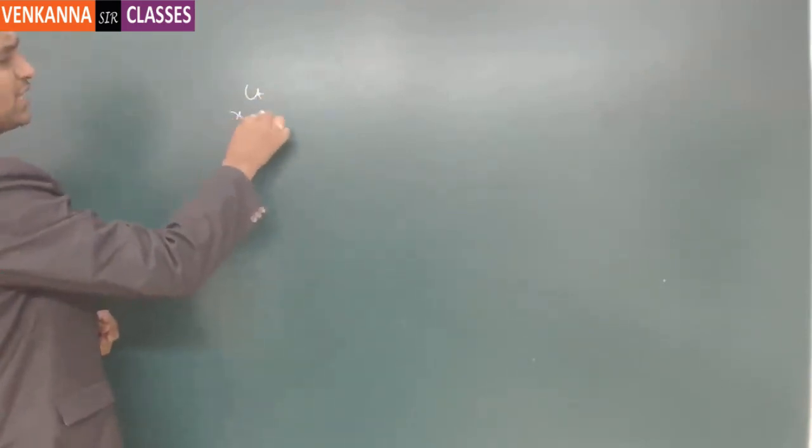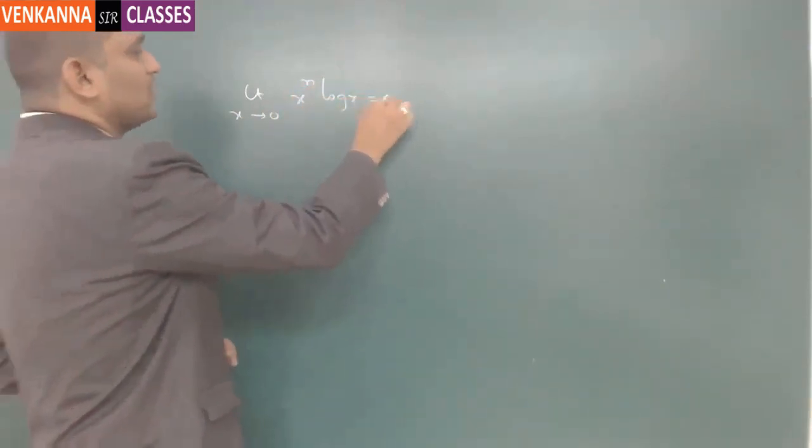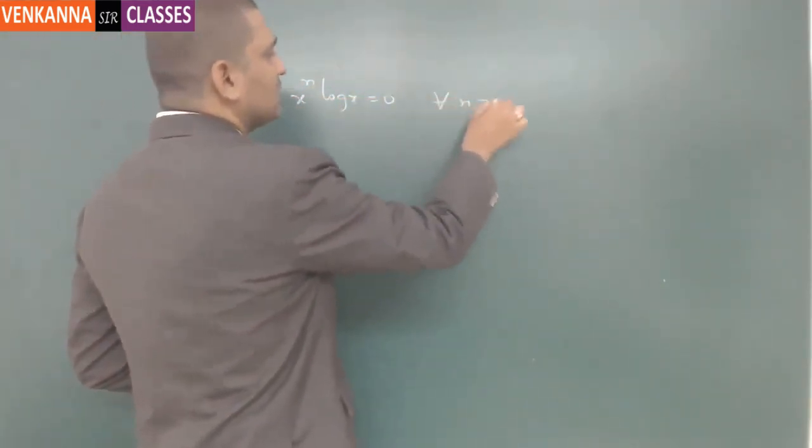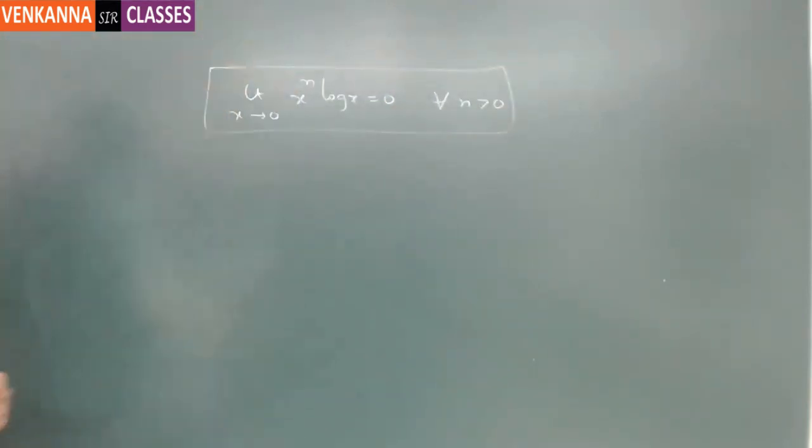So generally, for such type of problems, one useful formula is there, that is limit x tends to 0, x power n into log x equal to 0 for all n greater than 0. Please take a note of it. We will make use of this formula for many problems.